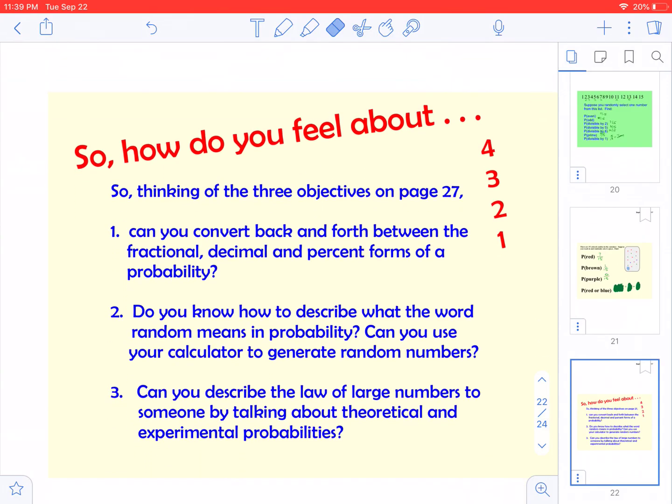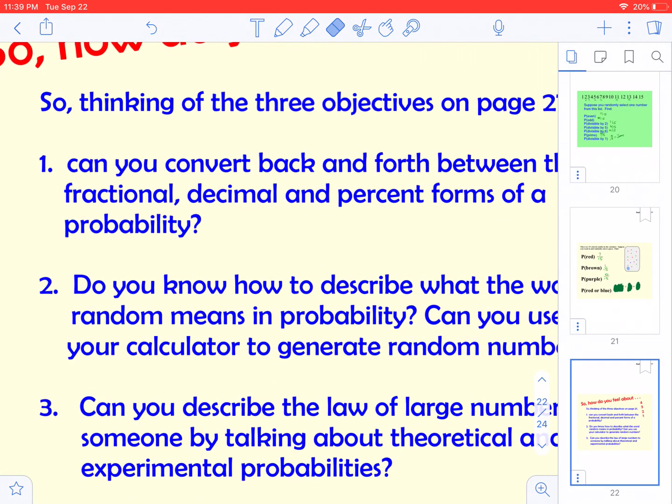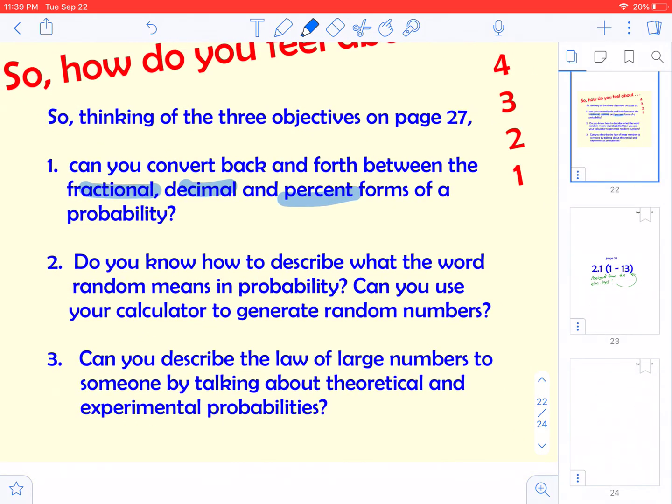Well, hopefully right now you are feeling fairly comfortable about converting back and forth between fractional, decimal, and percent forms. You know a little bit about what it means to be random, and using those random numbers like I did in that one set of problems where we flipped a coin, and we didn't actually flip it but used random numbers to describe that.